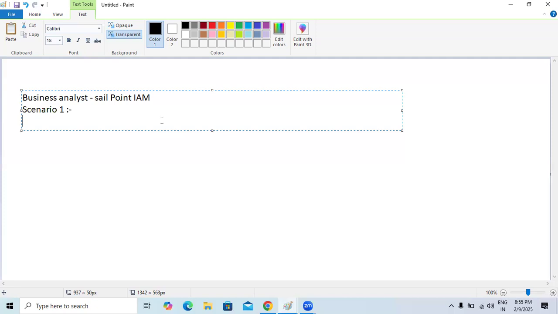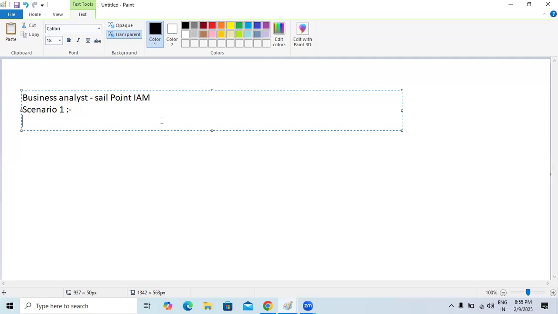When we try to explain this, being a BA, first of all, we should provide information on the key features, such as automated provisioning as well as deprovisioning, role-based access control, RBAC in short, compliance monitoring, audit trails, user lifecycle management, and policy enforcement.